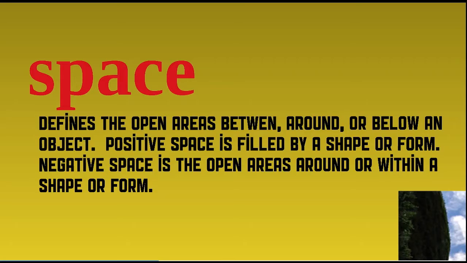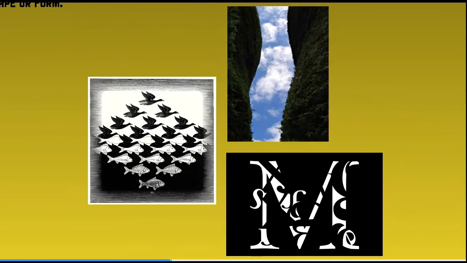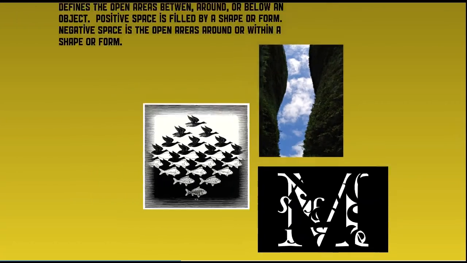Negative space is the open areas around or within a shape or form. Remember the positive and the negative spaces. See? Space also is important in the elements of art.